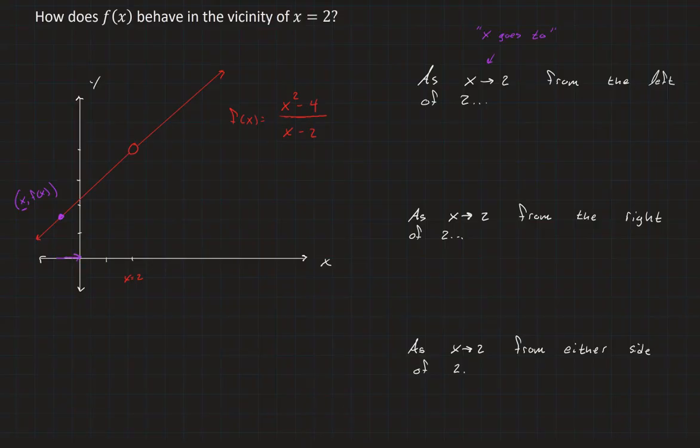Notice what happens to this point as I move this x value towards 2 from the left. This point is going to shift along here. So I'll have another point right here, and another point right here, and another point right here. And my goal is to describe the behavior of this function as x goes to 2.